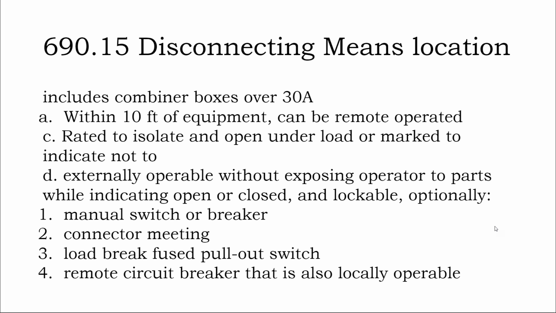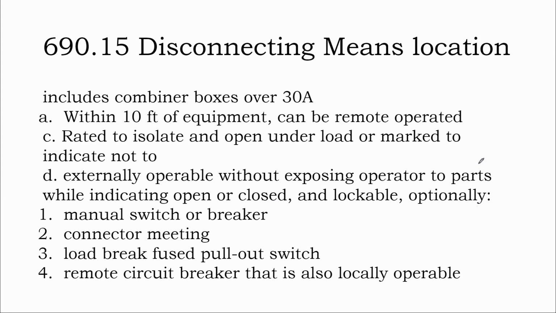If your combiner boxes are large, they need to have disconnects on them. They can be remote operated, similar to the battery disconnect. They need to be externally operable without exposing the operator to parts while indicating open, closed, or lockable.